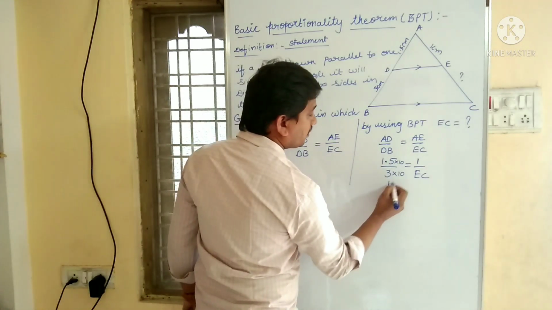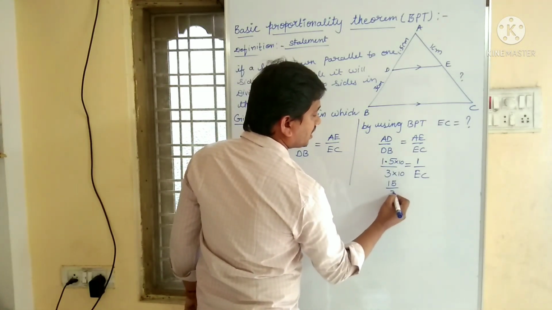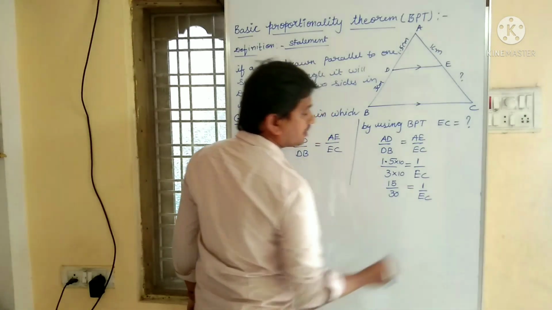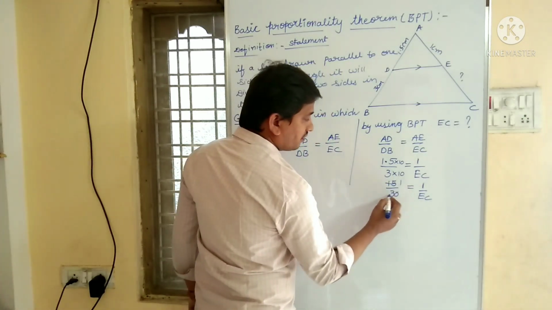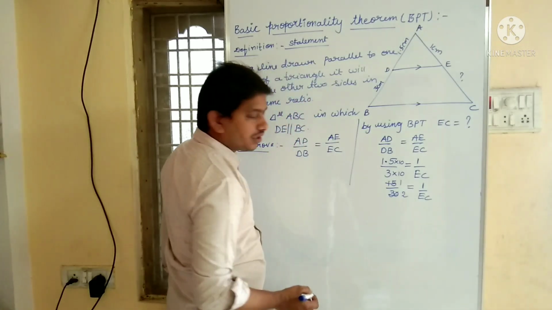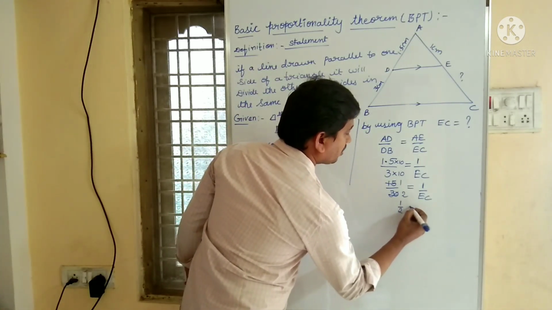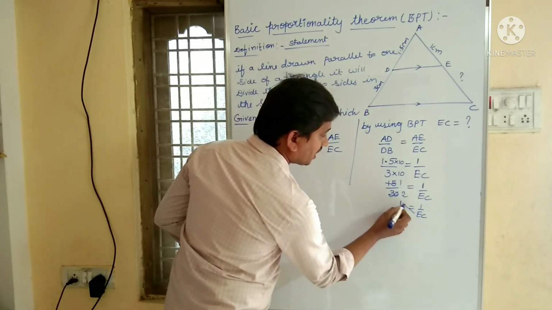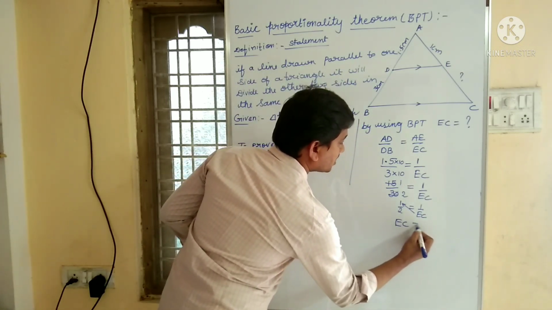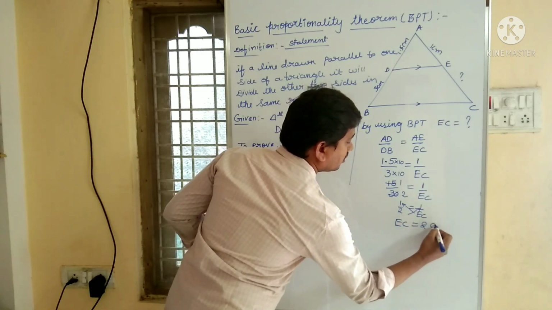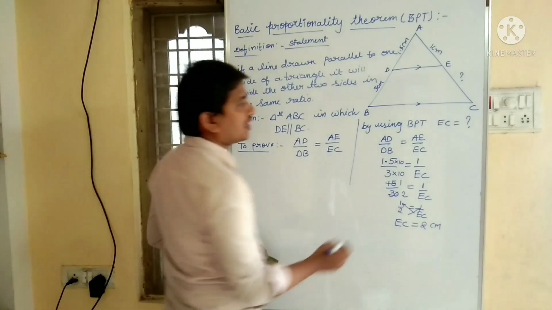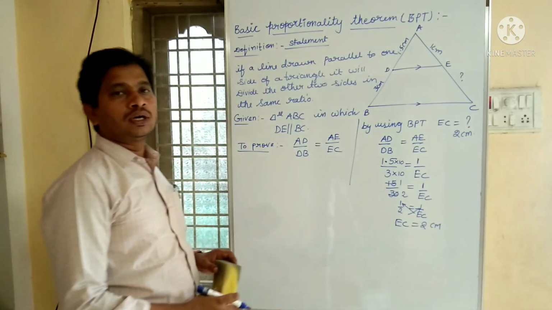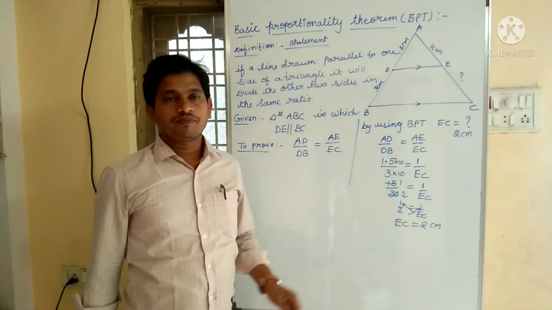So 1.5 into 10 is 15, by 3 into 10 is 30, equal to 1 by EC. 15 ones are 15, 15 twos are 30, so 1 by 2 equals 1 by EC. Cross multiplication: EC into 1, EC equals 2 into 1, that is 2. So the length of EC equals 2 centimeters. They may ask questions like this.